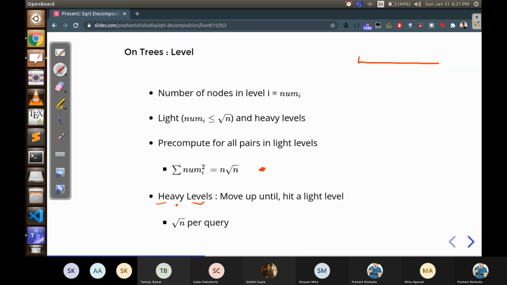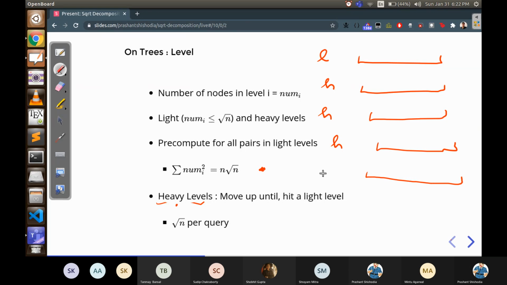So suppose this is a light level, this is a heavy level, this is a heavy level, this is a heavy level, then this is again a light level. All these heavy levels will only act on all these pairs.